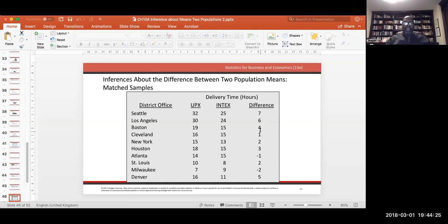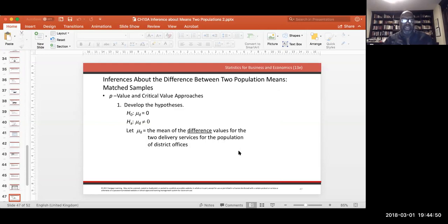Remember that we call these differences di, and when we average them, we call it d bar. That average is an estimate of the difference between the two population means, the mean for UPX and the mean for Intex. It almost looks like UPS and FedEx, which I suspect is probably what it is, but they try to hide it.